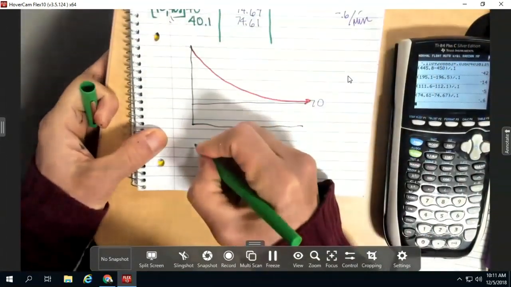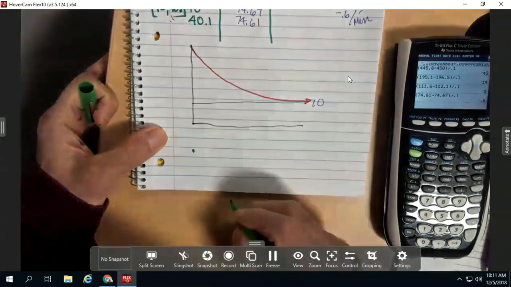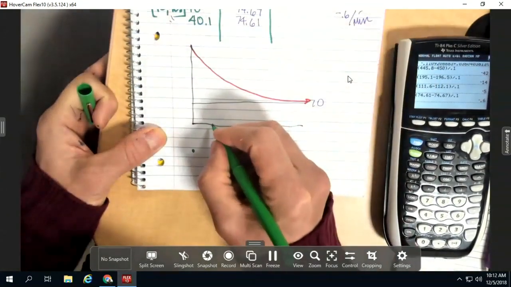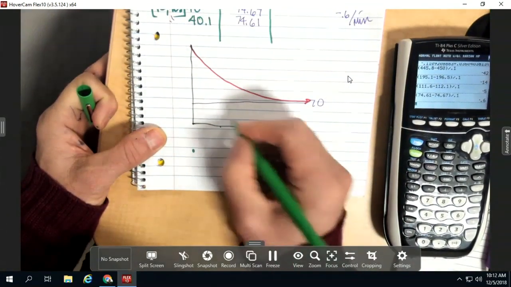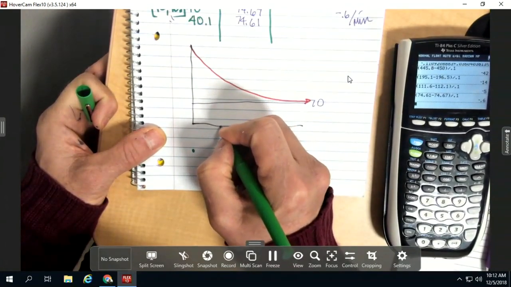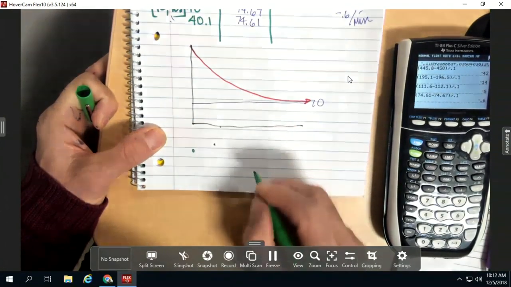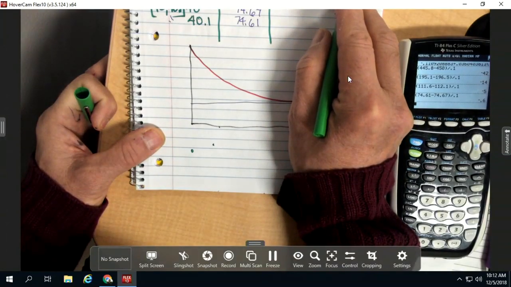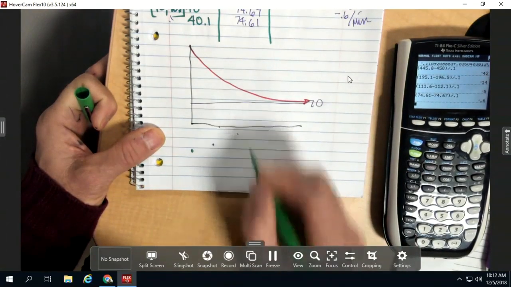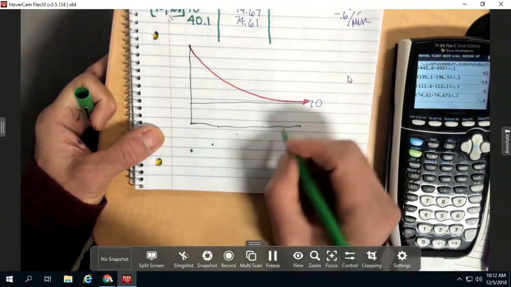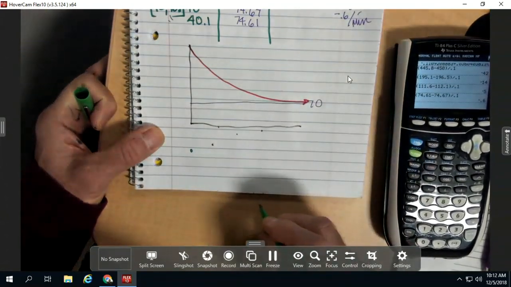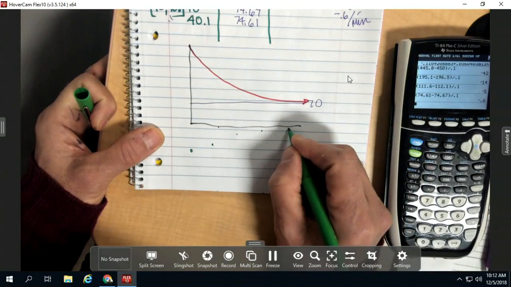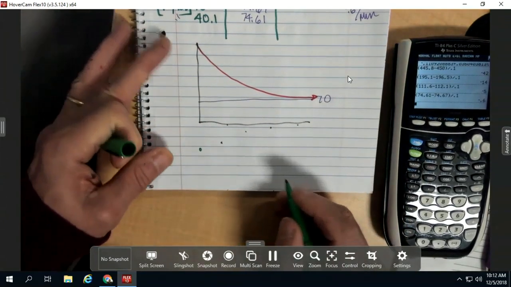It starts out negative 42 at the beginning. Then at 10 minutes, it's negative 14. Then at 20 minutes, it's at negative 5. Then at 30 minutes, it's at negative 1. Then at 40 minutes, it's at negative 0.6.